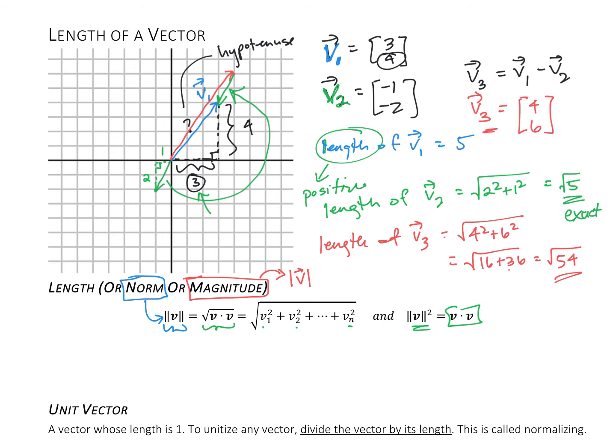Let's take V1, for example. V1 dotted with V1 would be 3 squared plus 4 squared, which is 9 plus 16, which is 25. The magnitude of V1 we found to be 5, so 5 squared is 25. Hey, look at that. Hopefully that makes sense too.